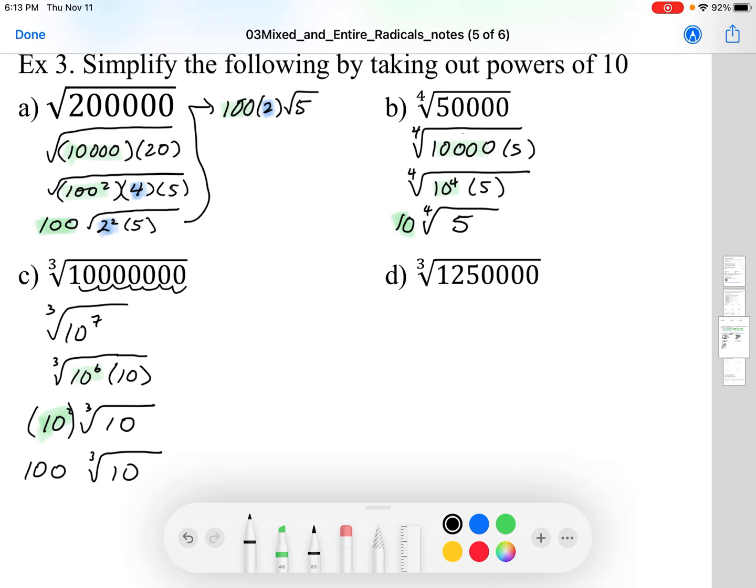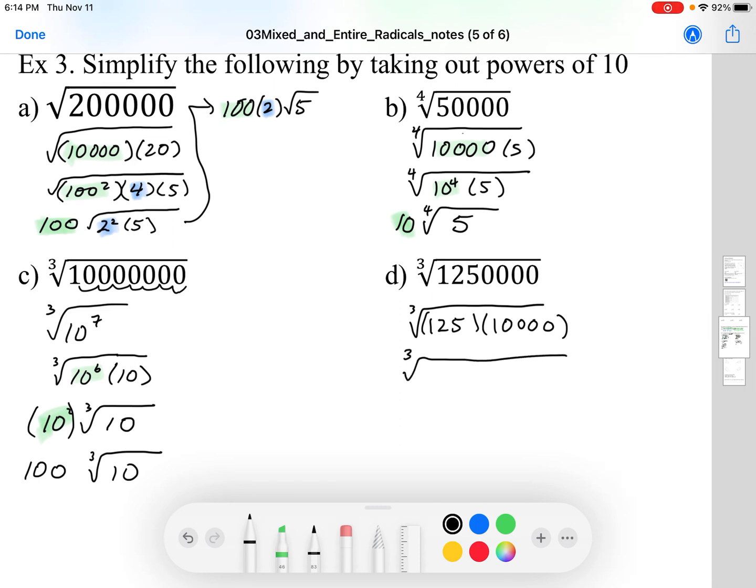For D, we're looking for perfect cubes again. We're looking at that index. First of all, I'm going to take out that 125 because I know that is a perfect cube. So I can do this in steps: 125 times 10,000. I can split this up even more.